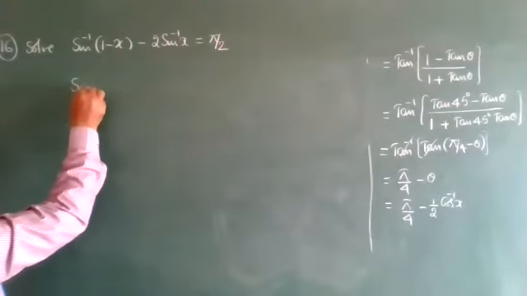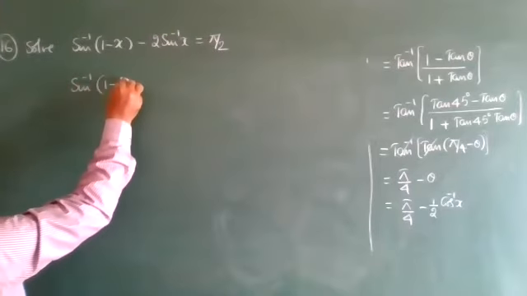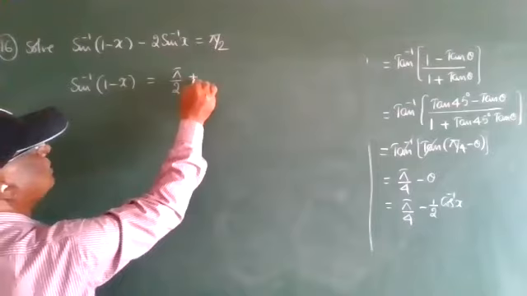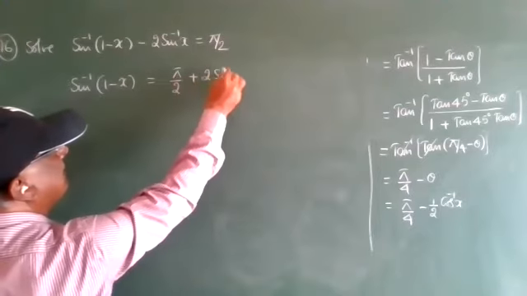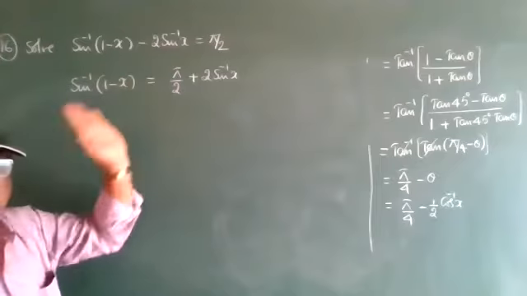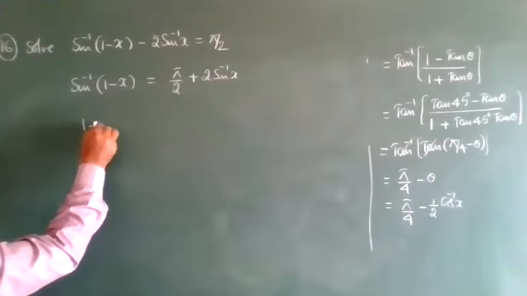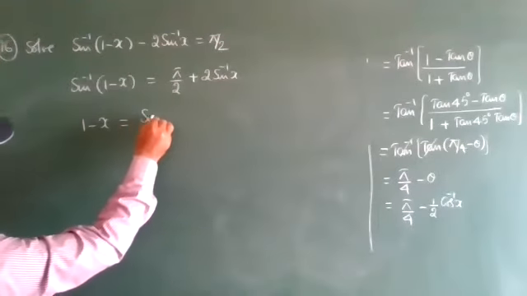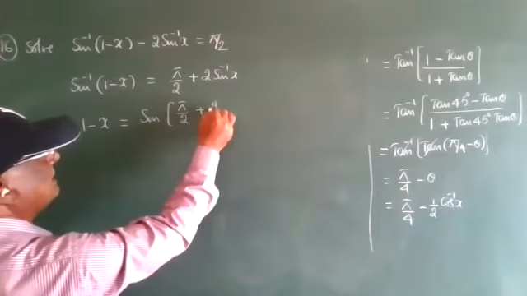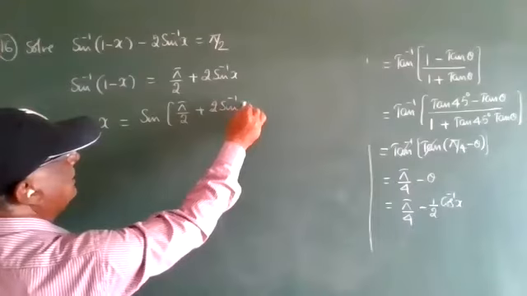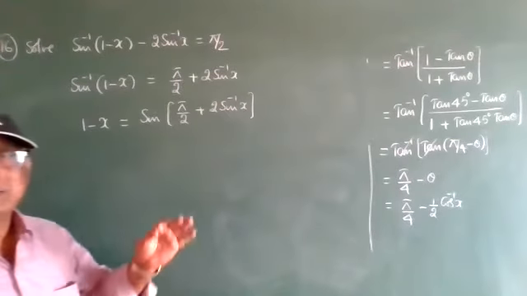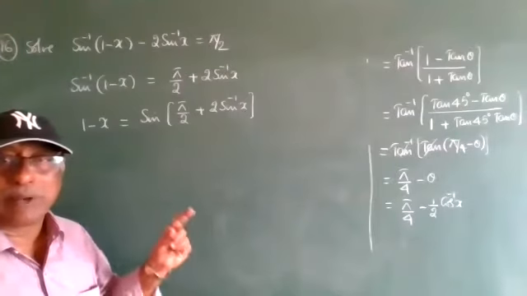So sine inverse of (1 minus x) is equal to pi by 2 plus 2 sine inverse x. Okay, one part is completed. This sine inverse bring on the right side. So 1 minus x is equal to sine of (pi by 2 plus 2 sine inverse x), that is 90 plus theta. Okay?